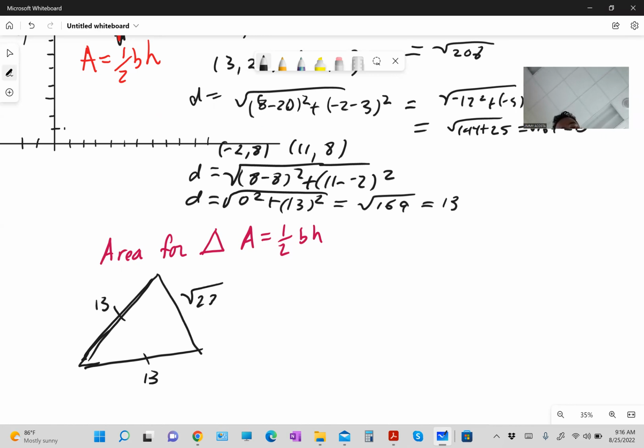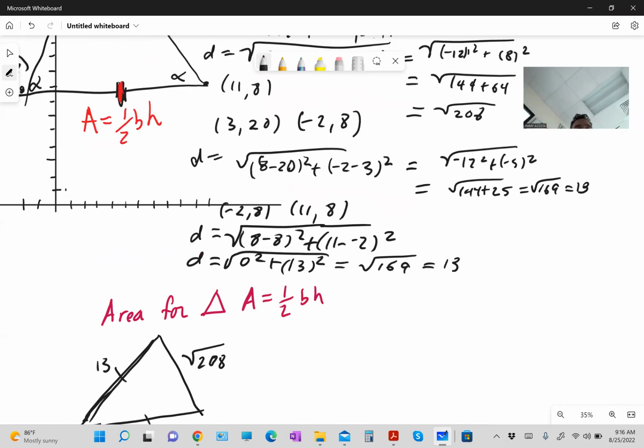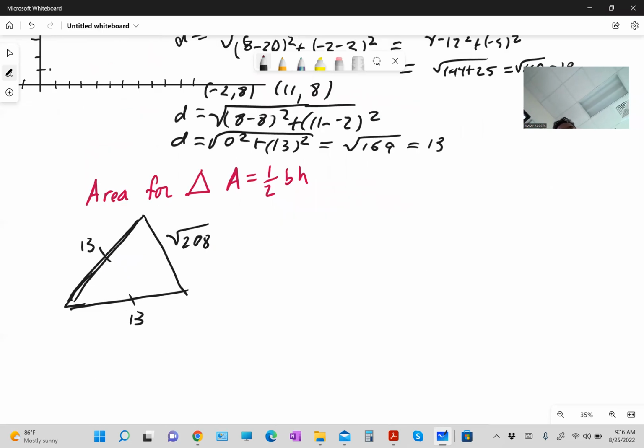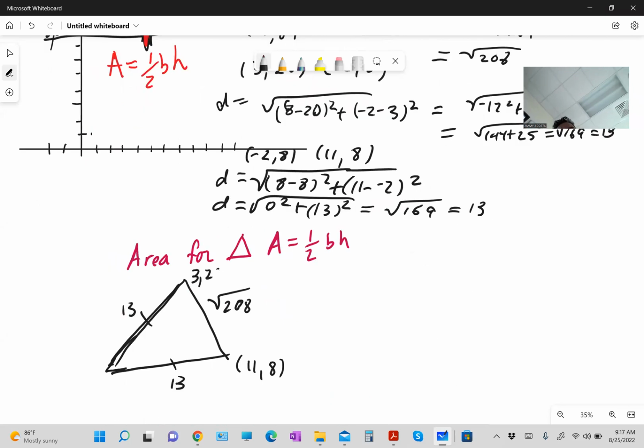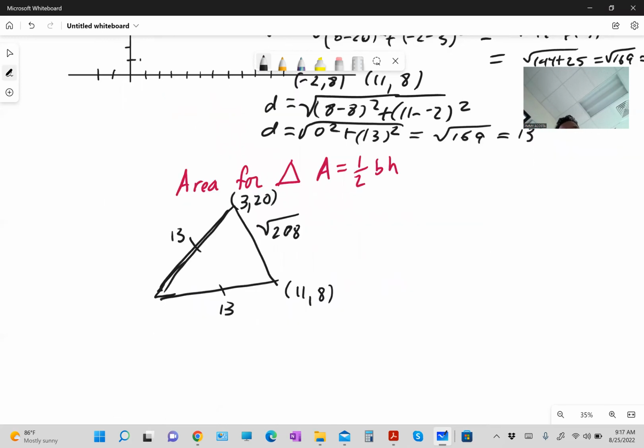This is not to scale. Now, the points associated with the base are 11, 8 and 3, 20, if I remember correctly. This over here is negative 2, 8.